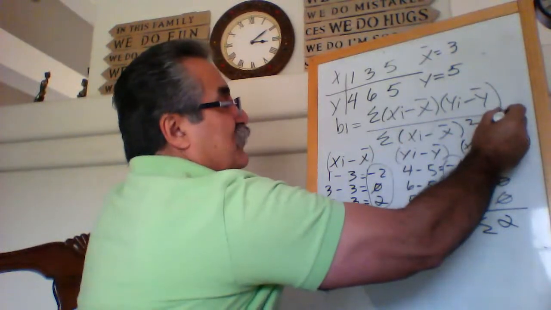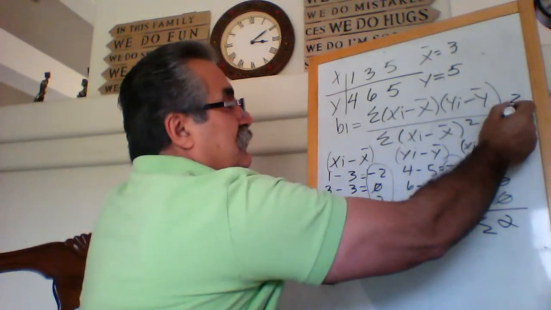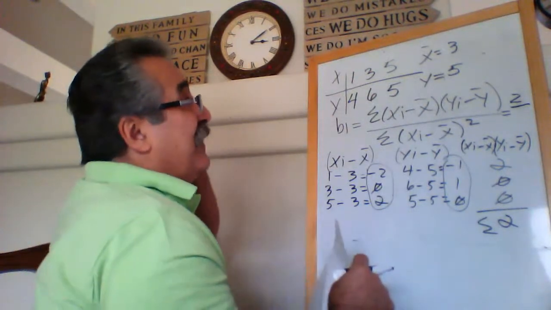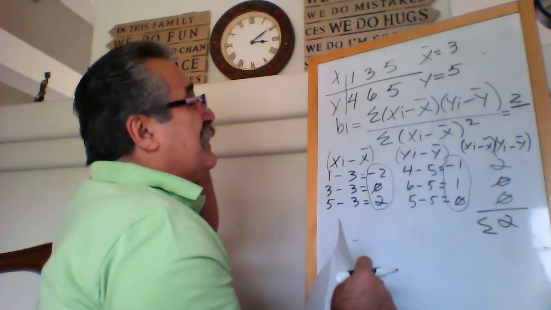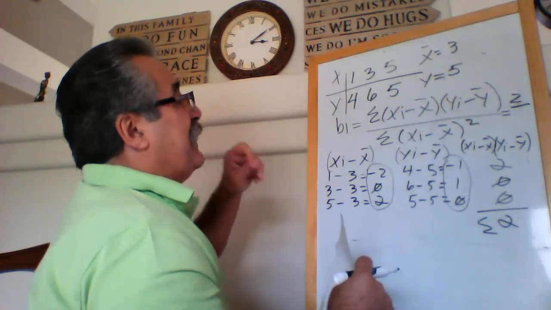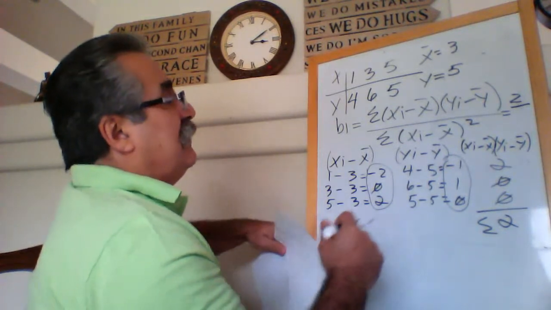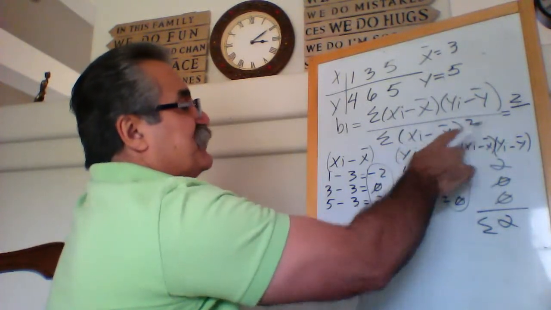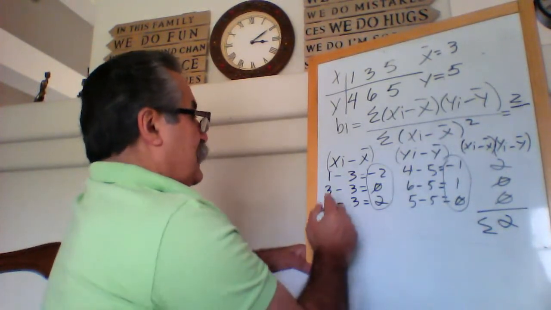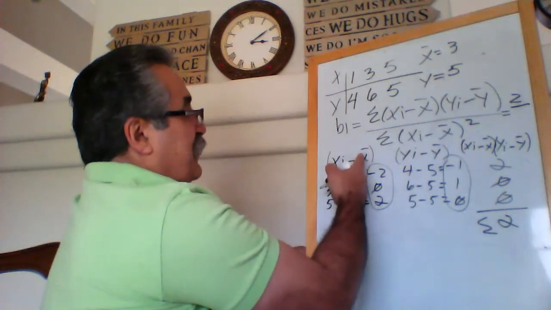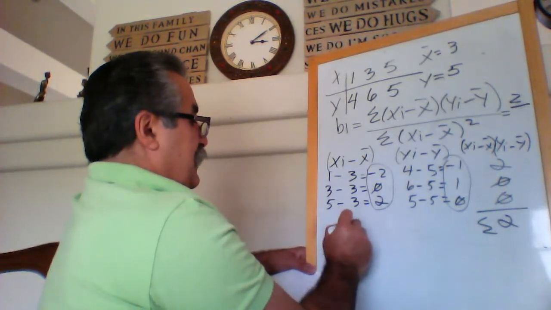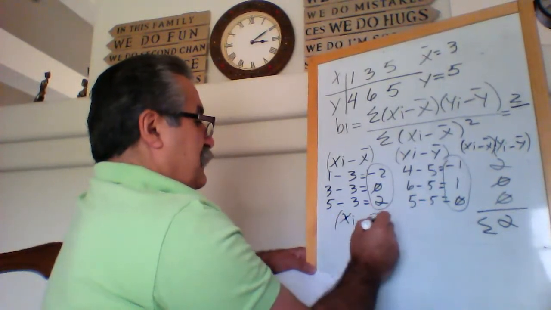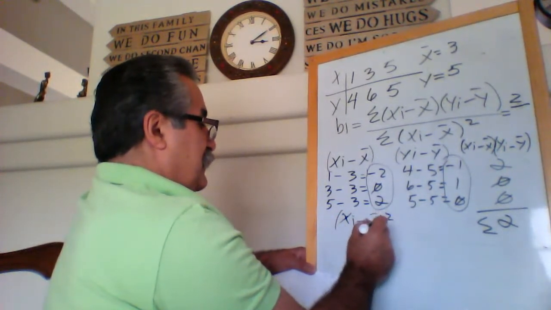So in this case, we have 2 divided by, 1, 2, 3, that's 3. I'm sorry. Divided by xi minus x bar squared. So this is xi minus x bar. Now we do a square.